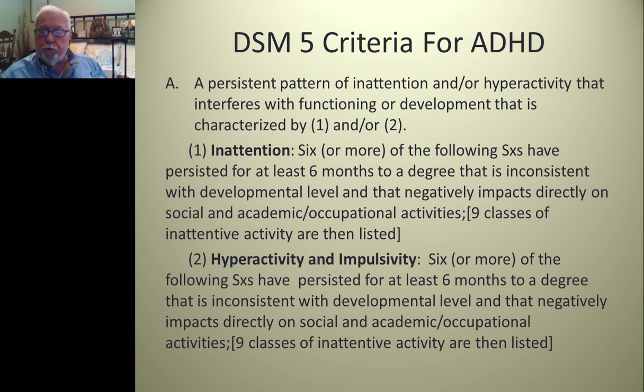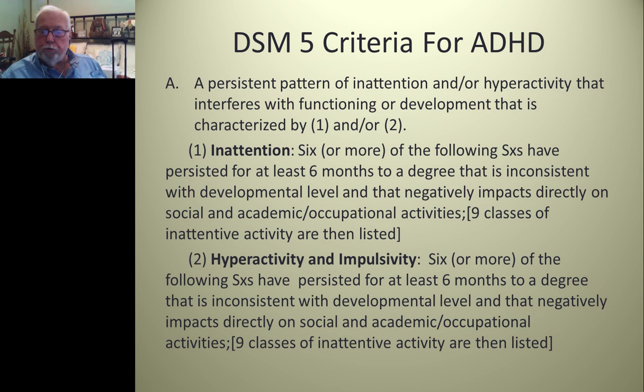They then give us 9 classes of inattentive activity. And I want to emphasize that those are examples. It is not an exhaustive list of every way that a child who is inattentive can show you that they are inattentive. And/or hyperactivity and impulsivity.